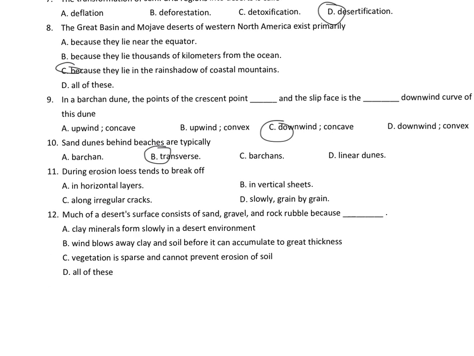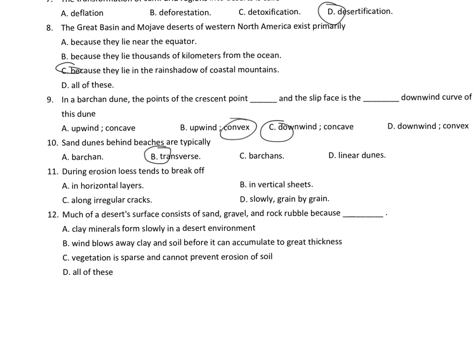All right. During erosion, loess tends to break off in vertical sheets. And just a reminder, loess is simply just wind-blown sediment. So it's a pretty generic term. But this is going to be in your yellowish, grayish coloring, which is going to be a little bit different than when we were talking about having the iron-rich desert varnish, which again we said was that film, more clay-sized.